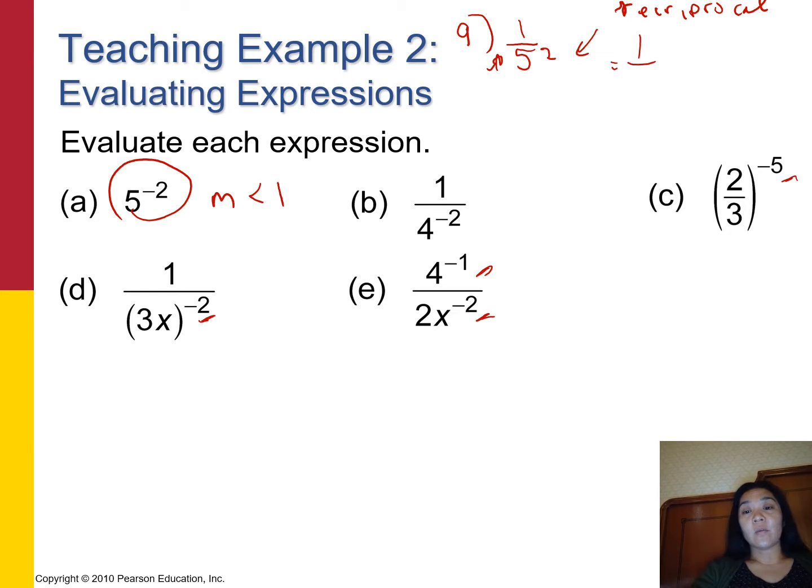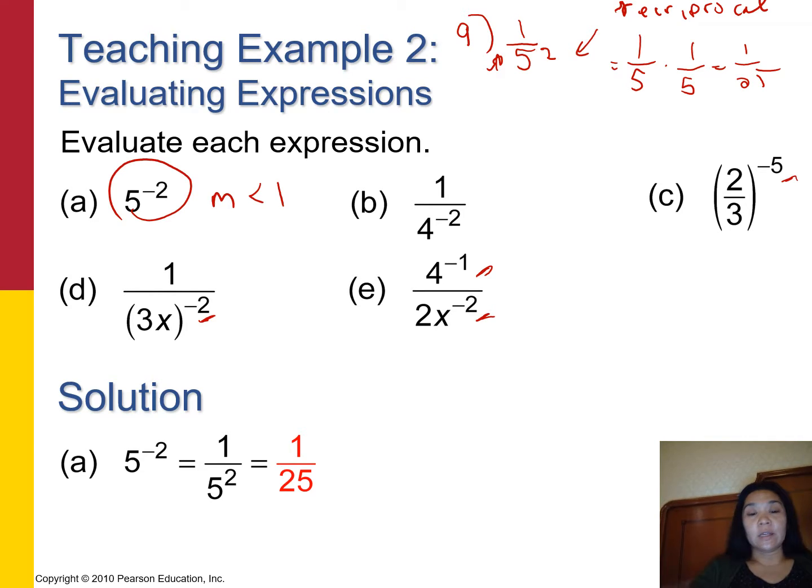And that is like saying 1 over 5 times 1 over 5, and that gives you 1 over 25, right? So your first answer is 1 over 25. Notice that if you take the reciprocal of 5 to the negative 2, you have 1 over 5 squared.